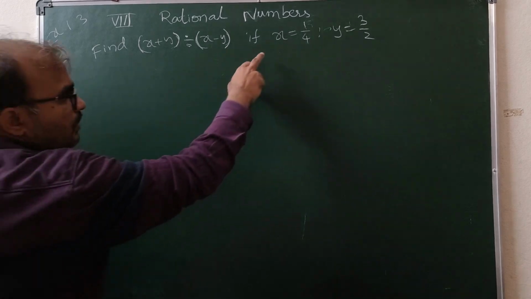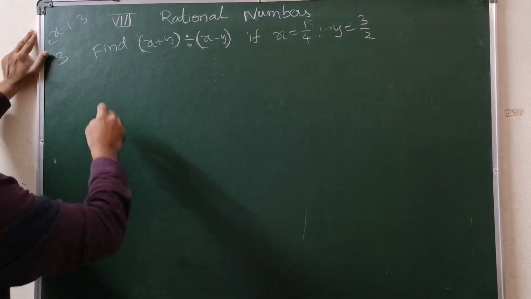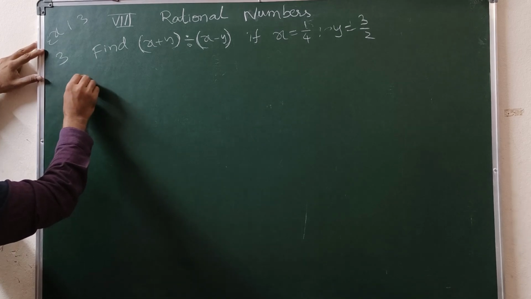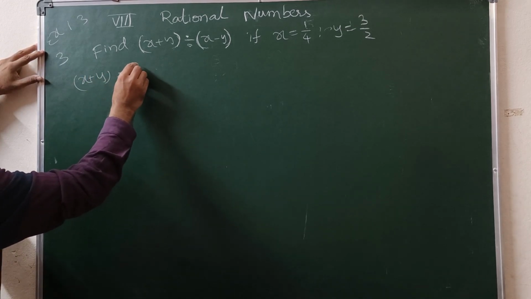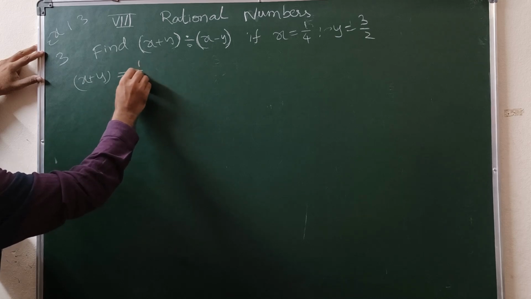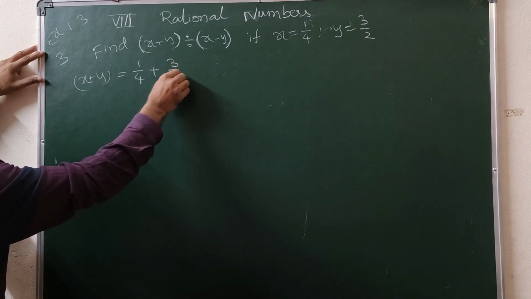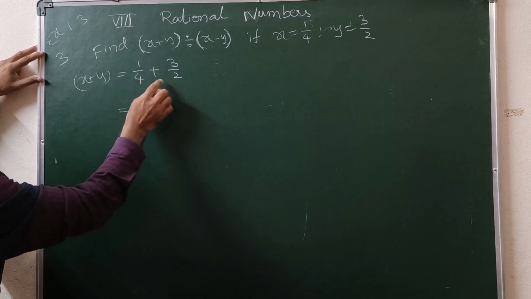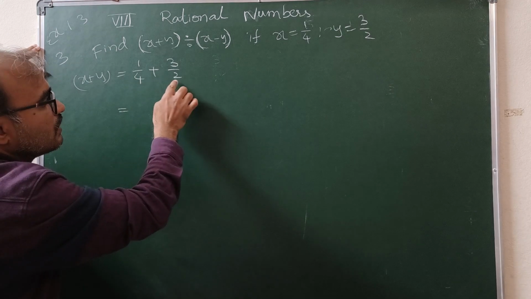Now the x value is 1 by 4 and the y value is 3 by 2. Again we start with x plus y: the x value is 1 by 4 plus the y value, 3 by 2. Again the denominators are not the same; here the denominator is 4, here 2.